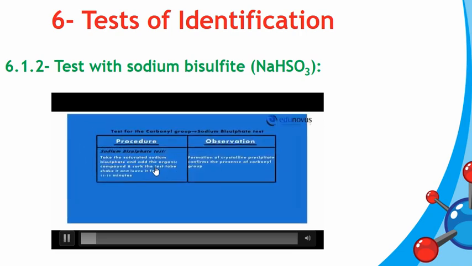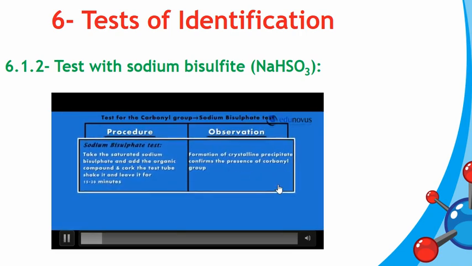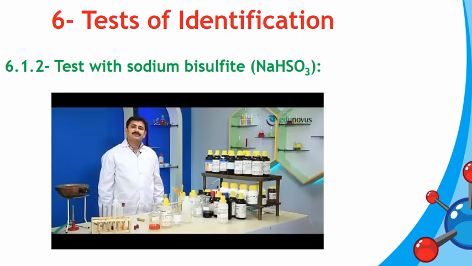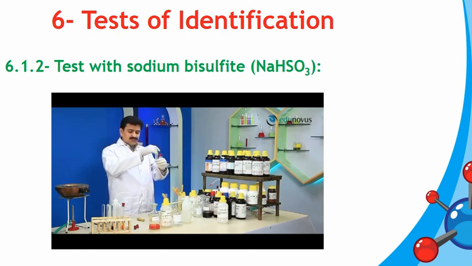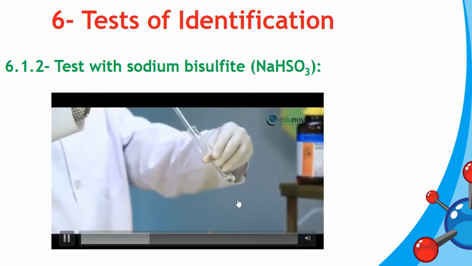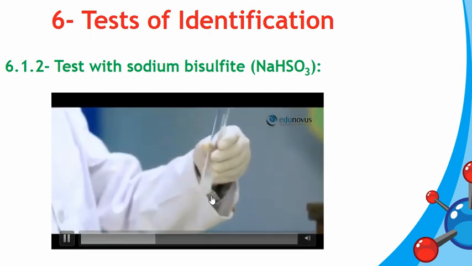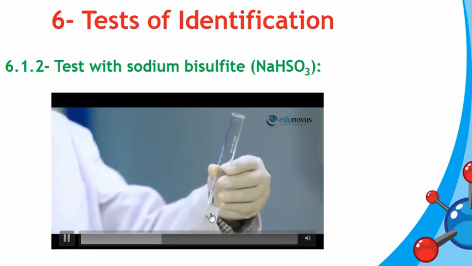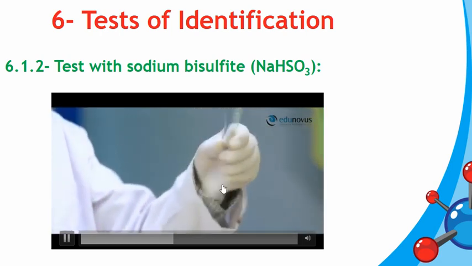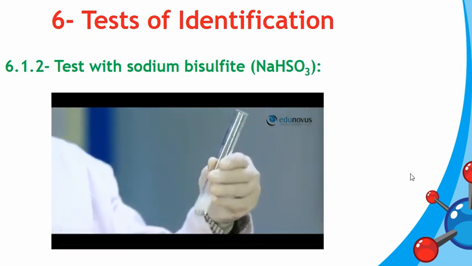Bisulfite, not bisulfate. Bisulfite. Organic compound colorless and bisulfite solution colorless. We observe white color. This means we have formation of a white precipitate.